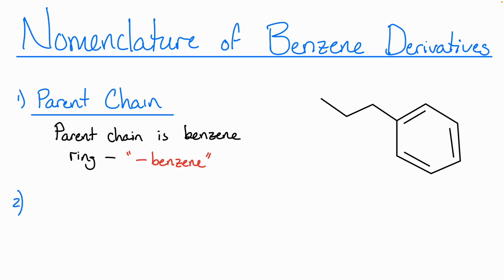All right, so step 2, let's find and name our substituents. In this case, we have a 3-carbon alkyl chain. So what would we call that substituent? A propyl group.